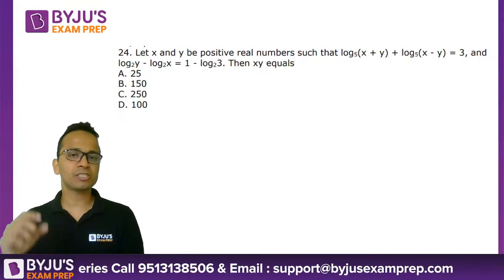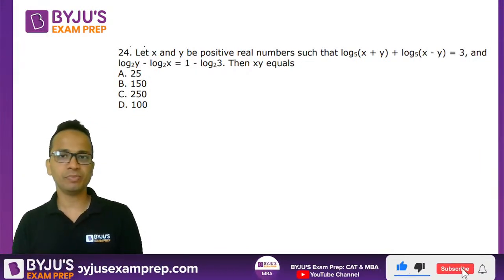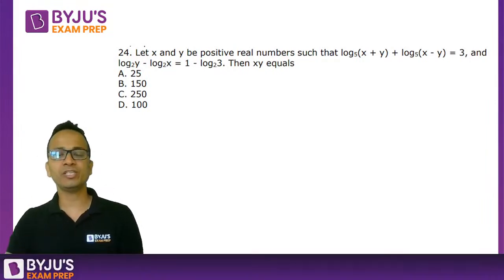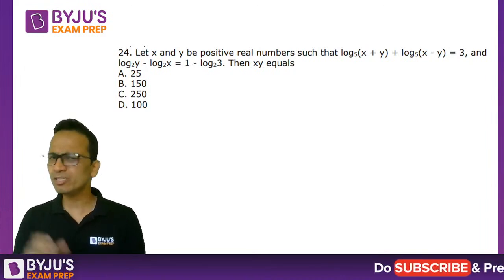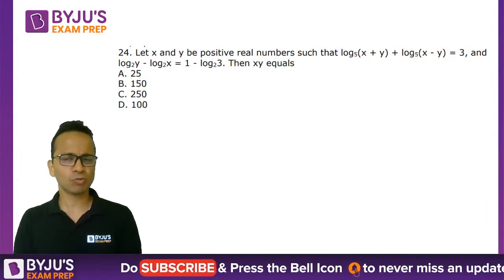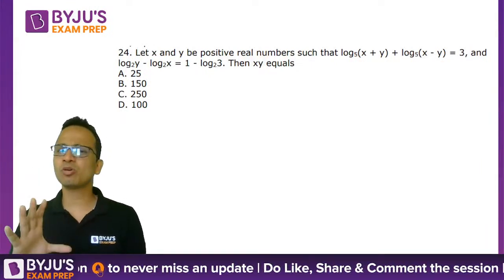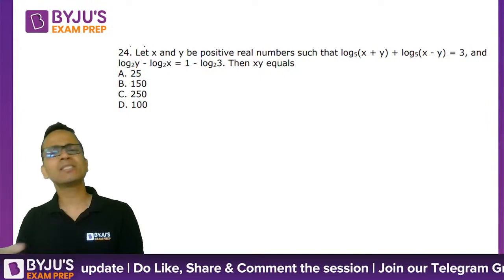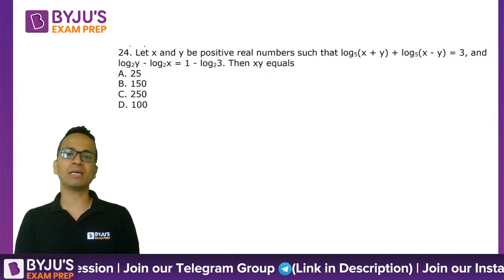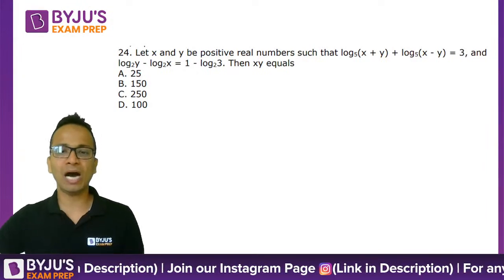So if you cover some of the basic properties of logarithms, like log of a plus b, log of a into b, log of a upon b, log of a raised to the power b, log of a to the base b, these 4-5 basic properties to start with, which will take hardly 3 hours. So put 3 hours into logarithms, understand the basic properties and practice some basic questions on them. Then you will be able to handle these types of questions which look a bit ugly but are very easy. I'll tell you how they are easy.